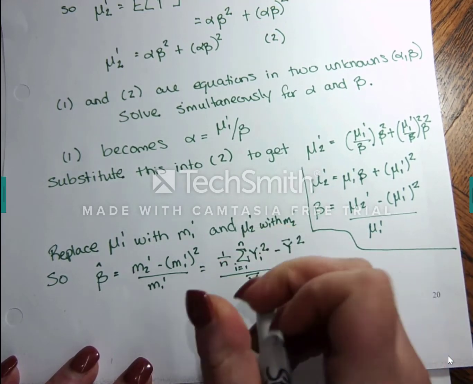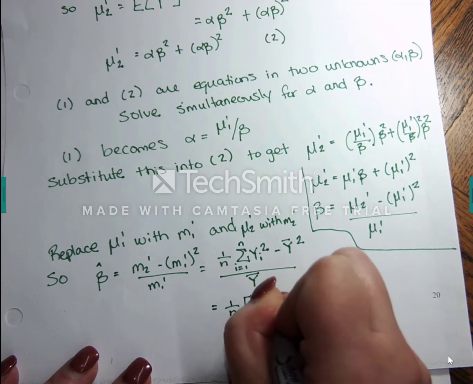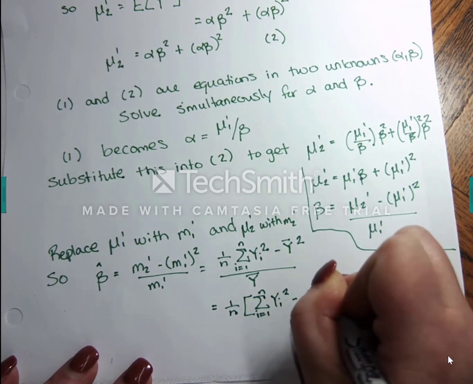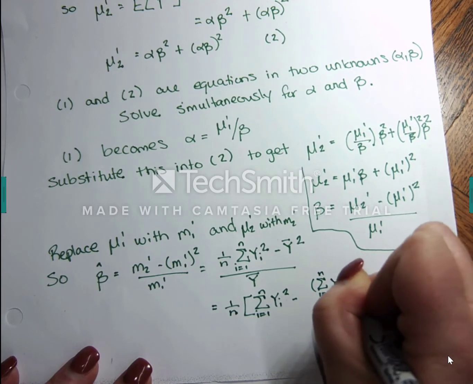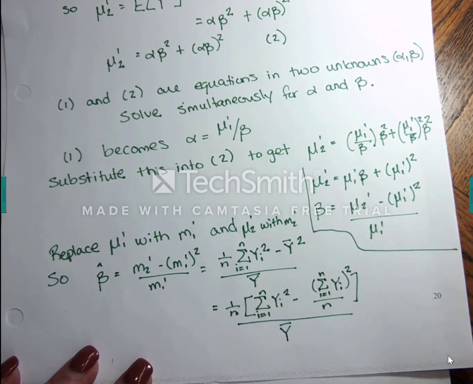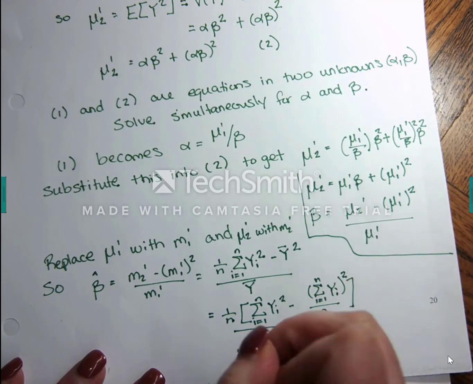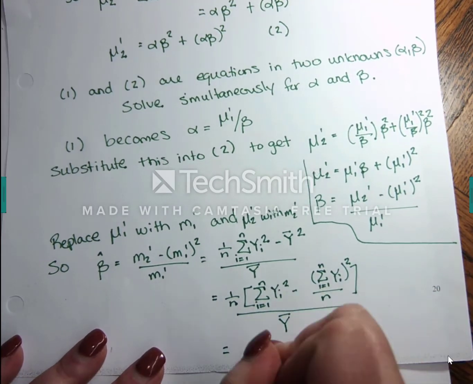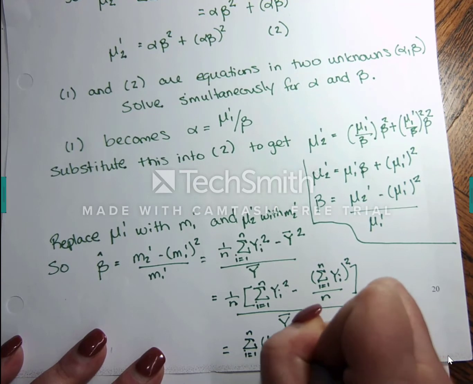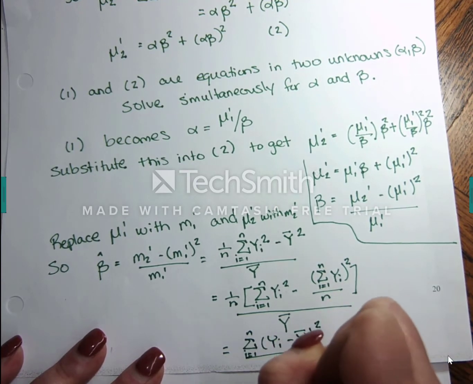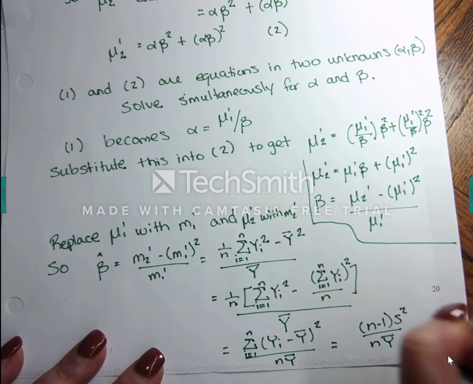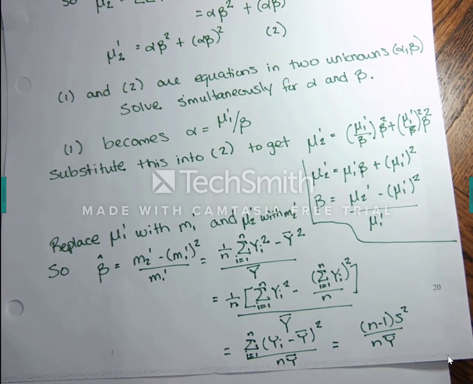And then further, this is equal to 1 over n times the sum, i equals 1 to n, yi squared minus the sum, i equals 1 to n, yi squared divided by n, again all over y bar, which is equal to the sum, i equals 1 to n, of yi minus y bar squared, divided by n y bar, and you can show this is equal to n minus 1 s squared over n y bar.